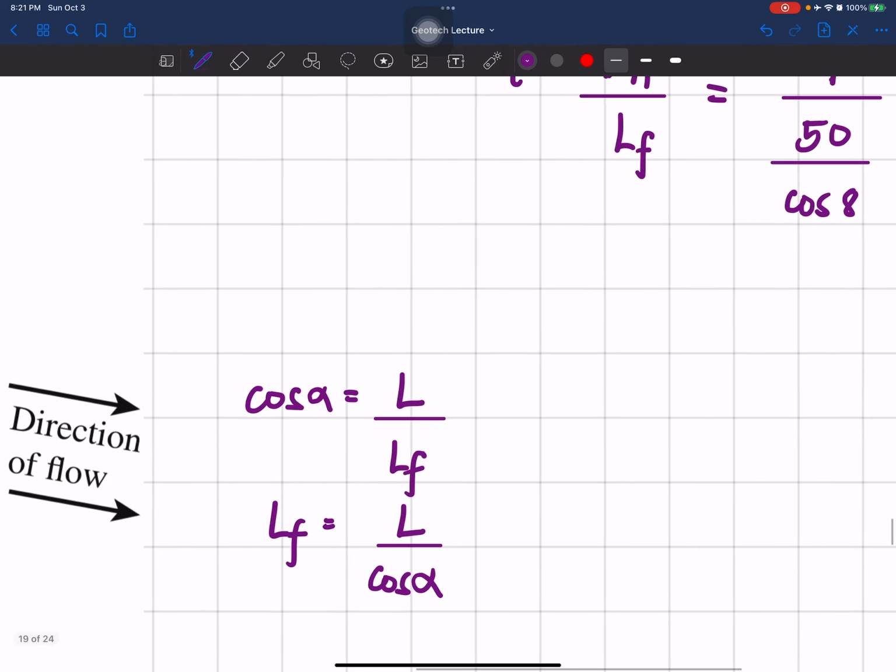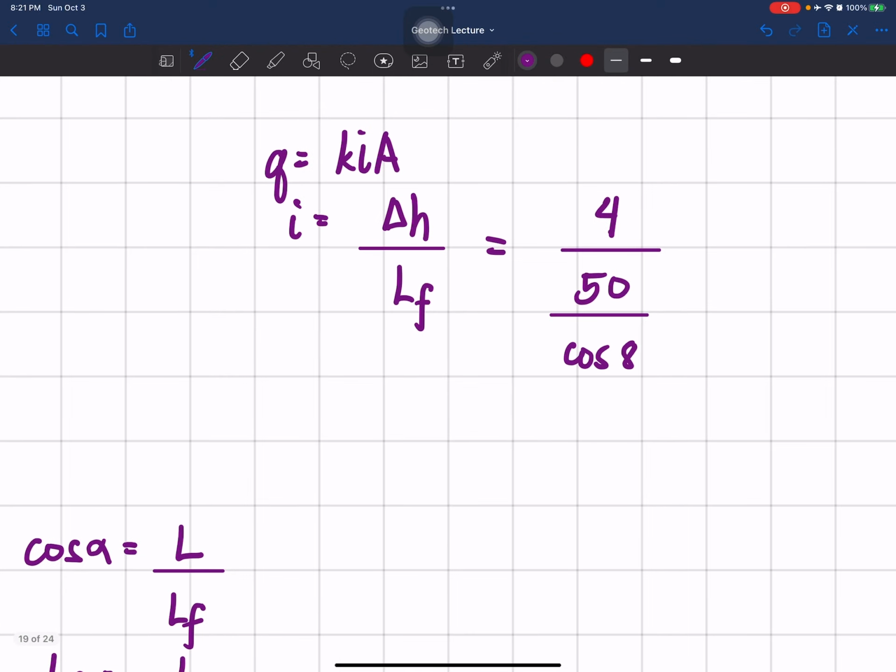So, lagay na natin siya dito. Okay? Your Q now is equal to K, which is 0.08. So, ilagay ko na lang muna. K multiplied by, what is our I? That is L all over cosine alpha. Joke. Hindi pala. This is your delta H muna.